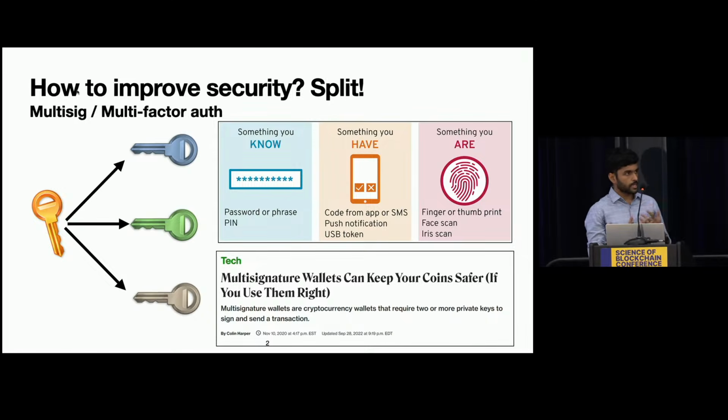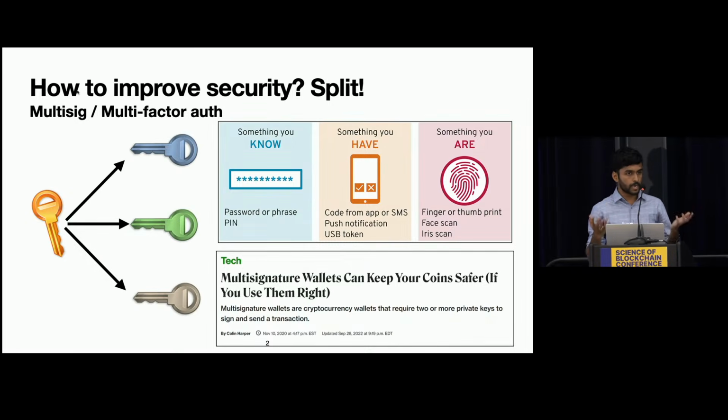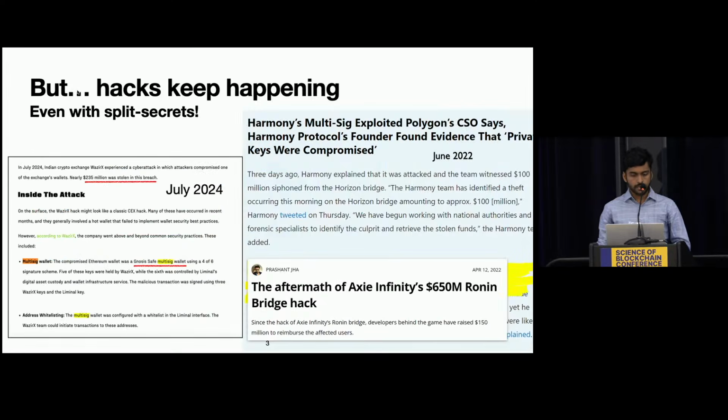We see something like multi-factor authentication used heavily in Web 2, and even if you go to Web 3 and search for a safe way to store your key, you will find several blogs and articles saying use multi-sig wallets or threshold signatures as ways to improve the security of your key management scheme. But the reality is that hacks keep happening.